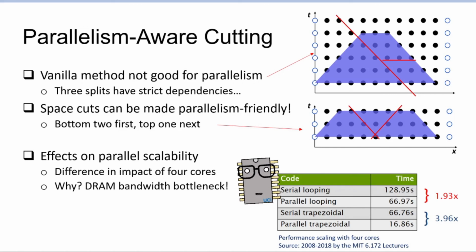We'll get into details on why in one of the later lectures, but at this point, what's happening is that we are hitting the DRAM bandwidth bottleneck, because the looping method has such a bad cache effect that a lot of the memory accesses are being made off chip. And when multiple threads compete for memory and they're all making a lot of memory requests, we can very quickly run out of DRAM bandwidth.